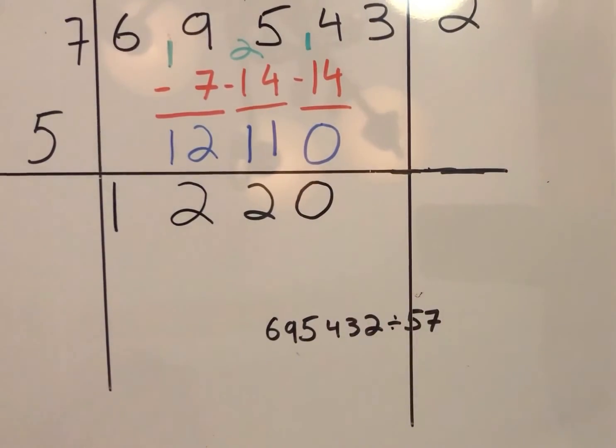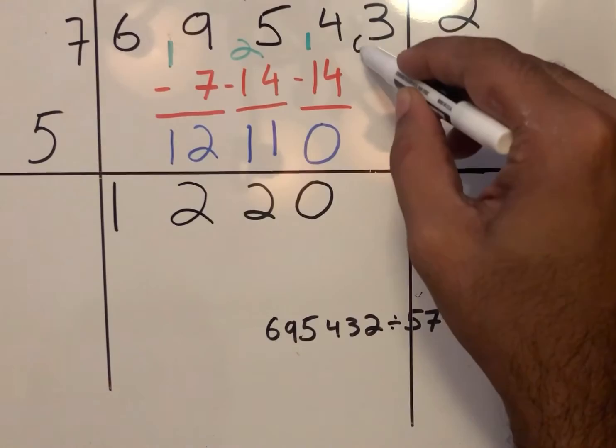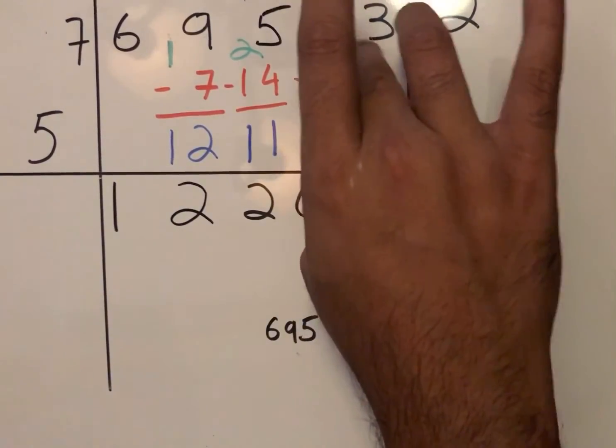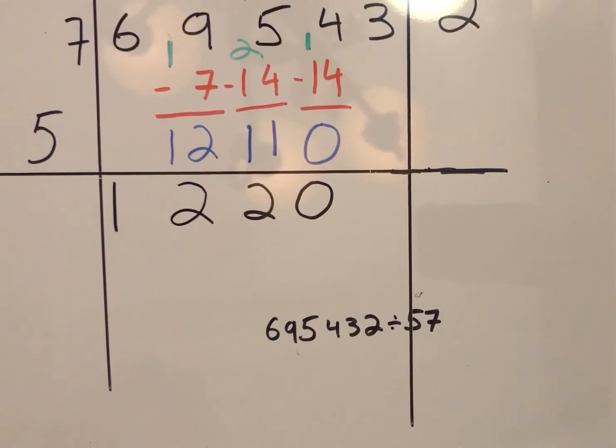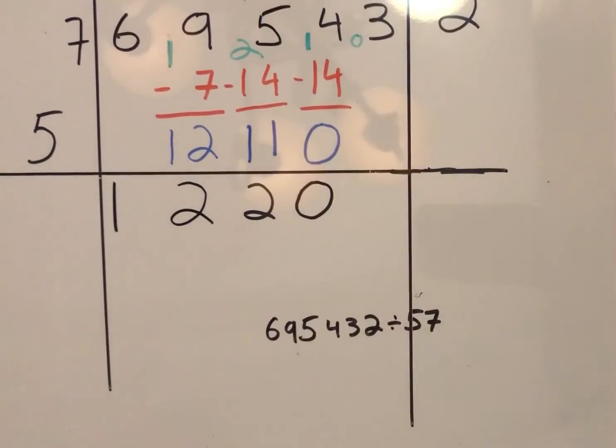And what's our remainder? 0, okay? Sorry, I should have done that in green. Let me do that in green. So 0 remainder is 0, okay? 5 times 0 is 0, and then 0 plus 0, okay?